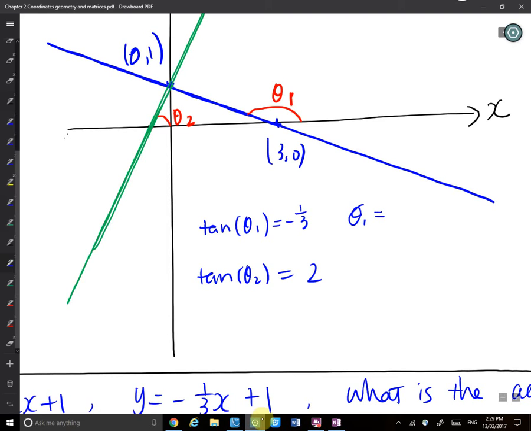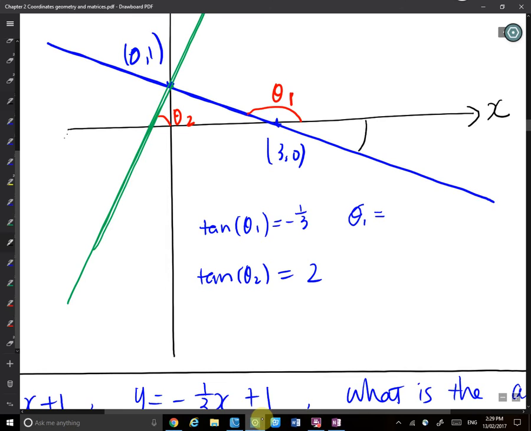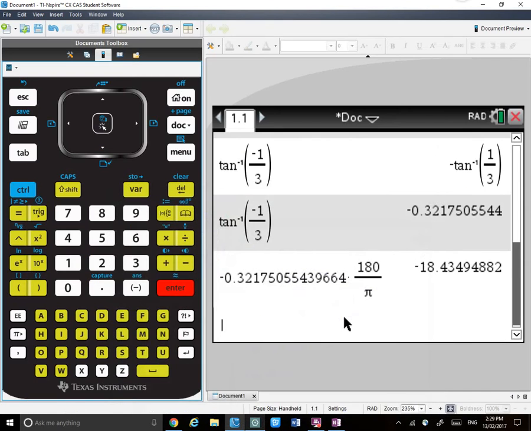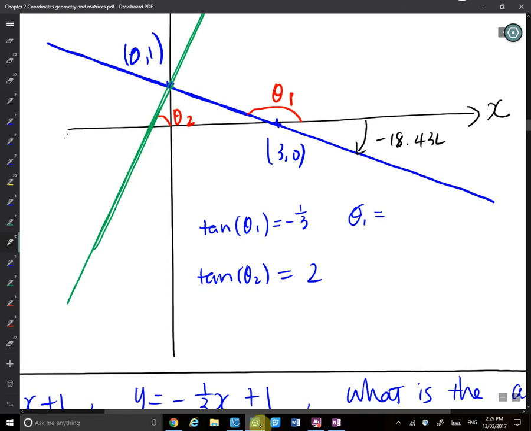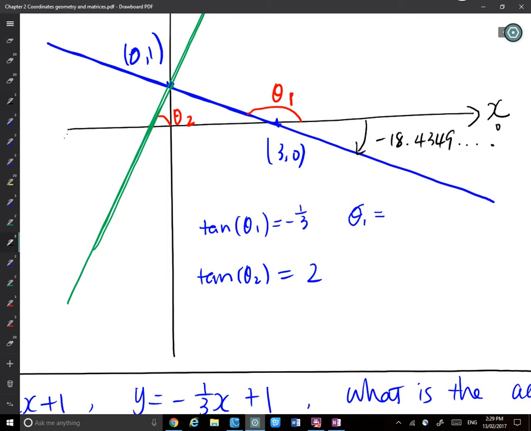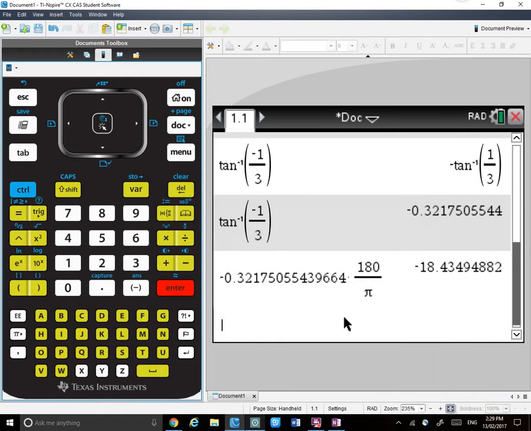This negative 18.4349 and so on actually represents this angle. Okay? If that represents this angle, if I add 180 degrees, that will give me theta 1, right? So let's do plus 180.